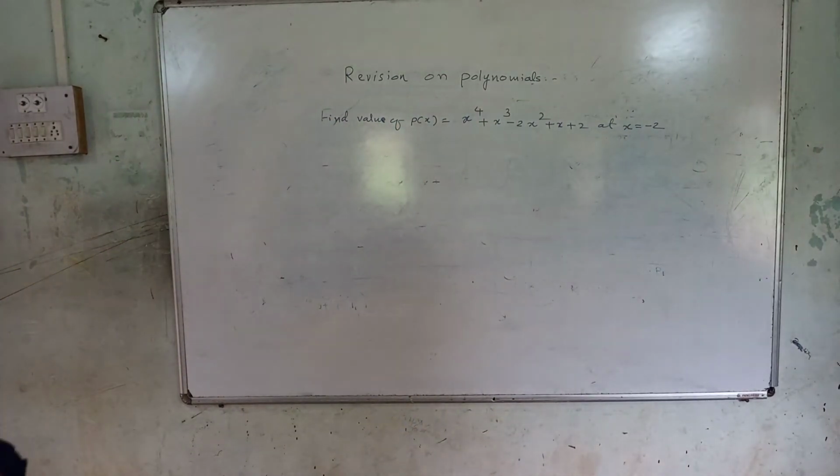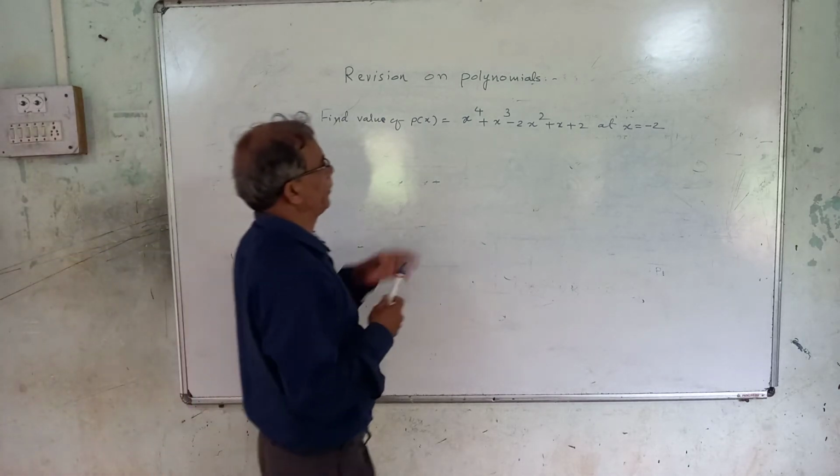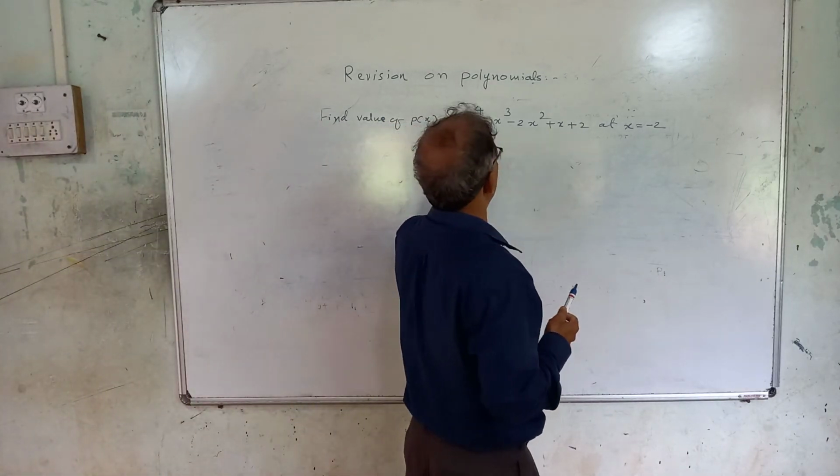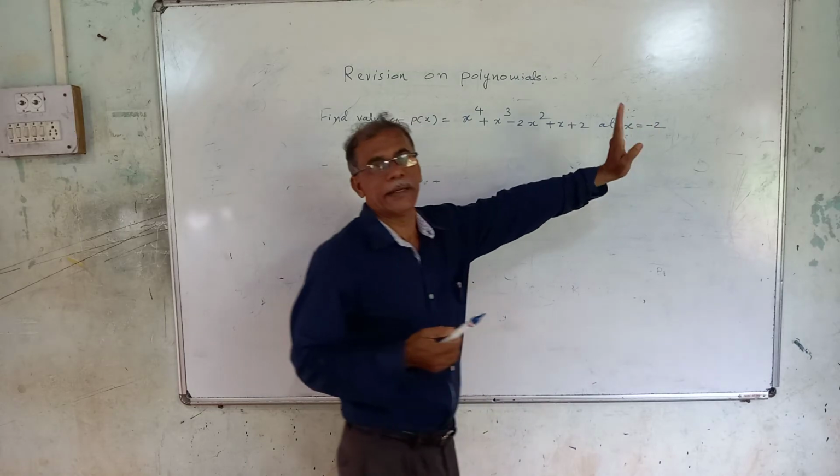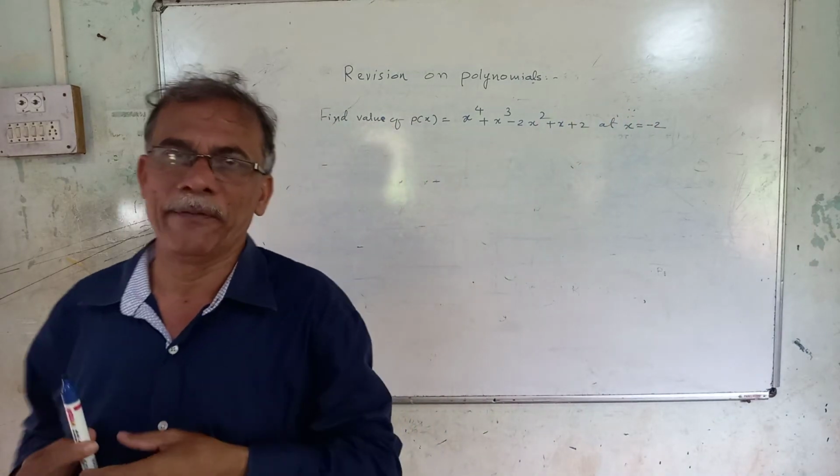To find the value of polynomials means in the given polynomial, in place of x, you have to simply substitute that given value and simplify.